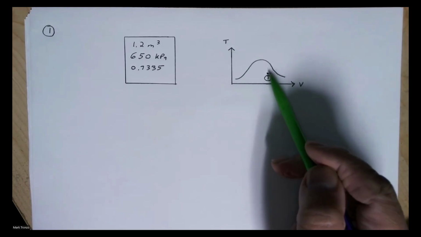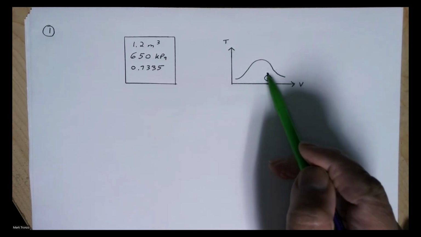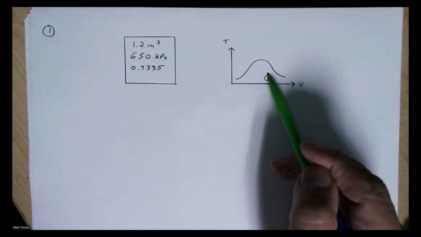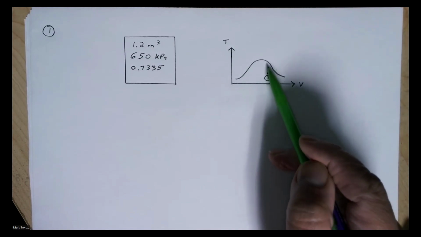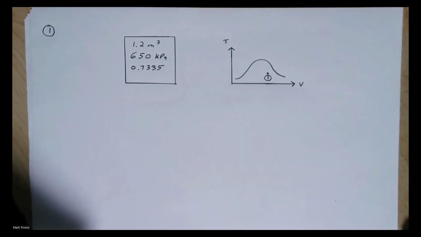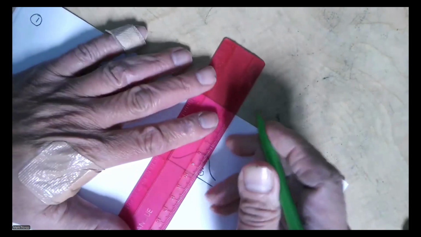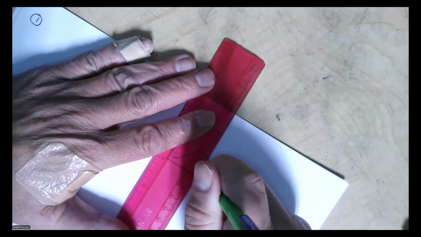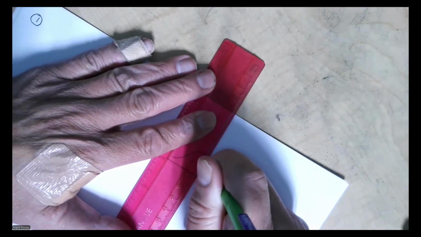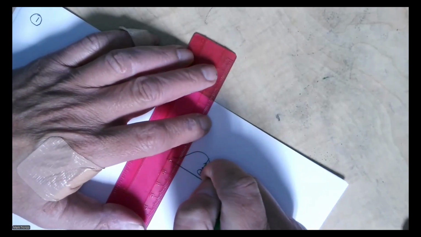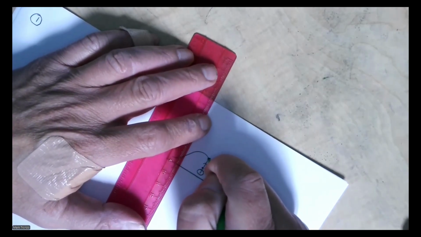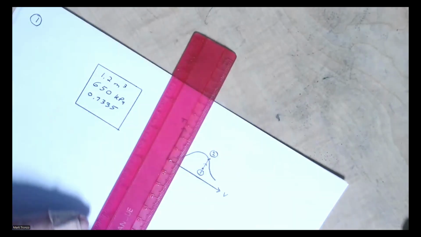But once again, we can't change the volume. So the only way to get from this state to saturated vapor is to go directly upward. So let's maybe draw a vertical line to show our second state. And that's our state two.